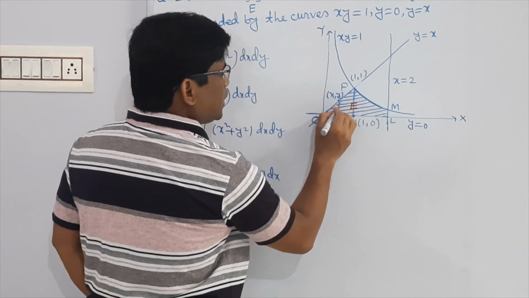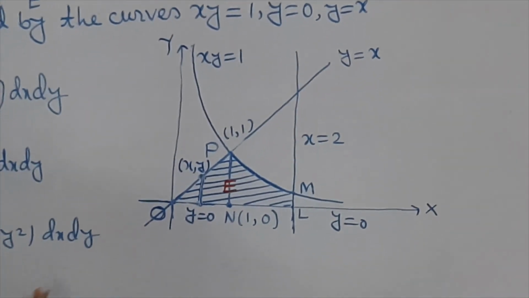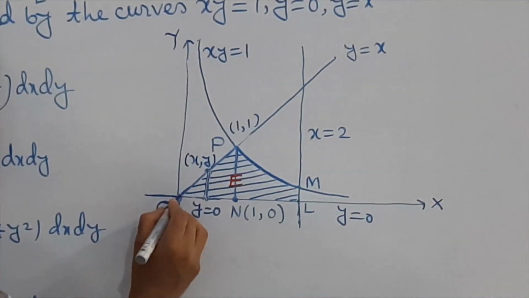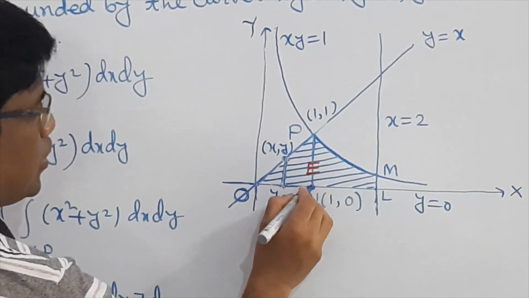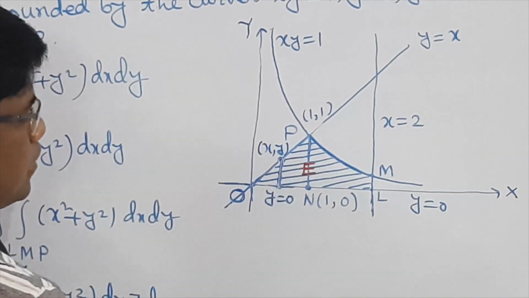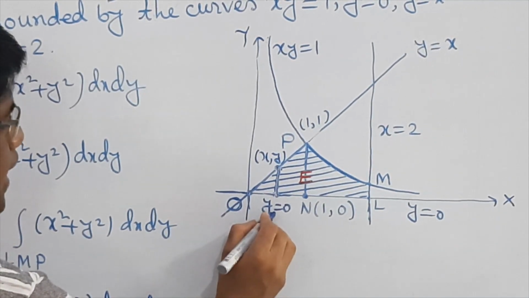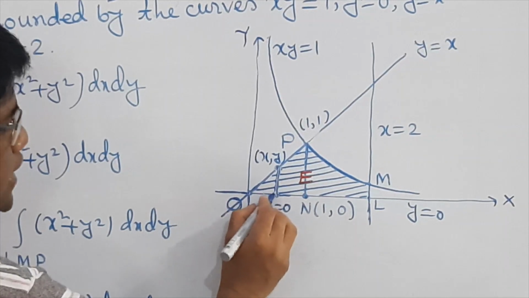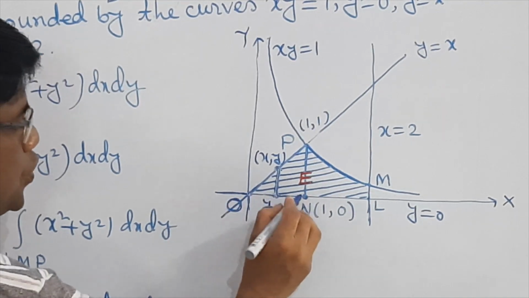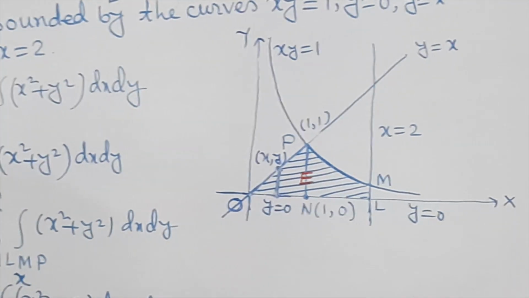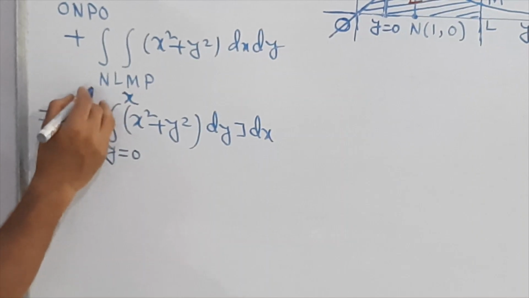Now, the foot of the perpendicular moves from O to N in this region, and hence x changes from 0 to 1. Lower limit of x is 0, upper limit 1.